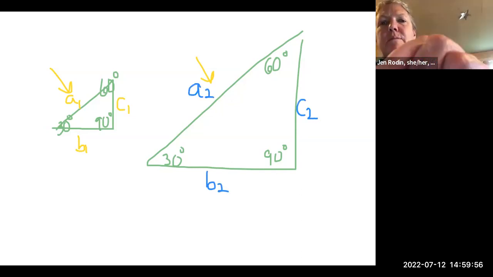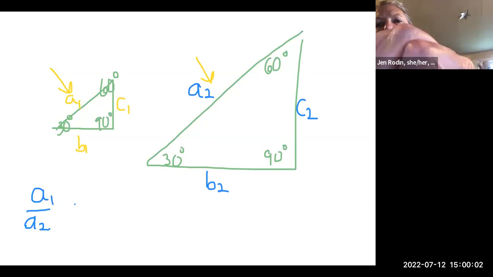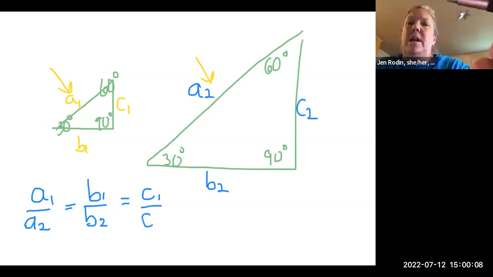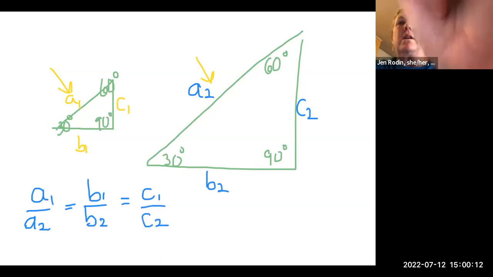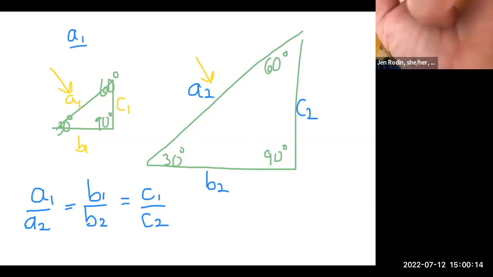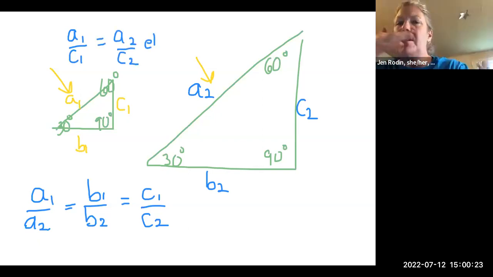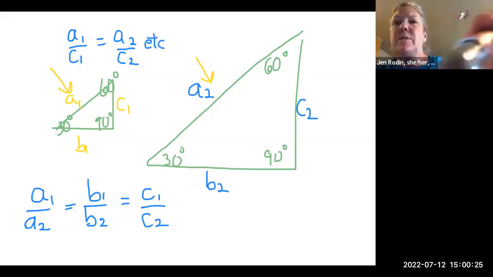We have, these ratios are going to be true. A1 to A2 equals B1 to B2 equals C1 to C2. And other variations of that also, like A1 to C1 equals A2 to C2, etc. So there's a lot of proportions that we can make with similar triangles.